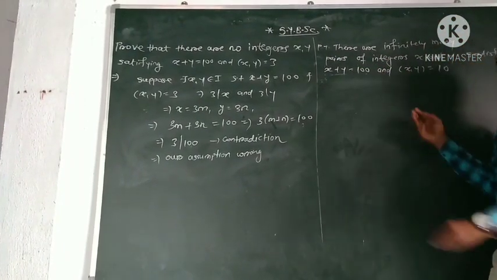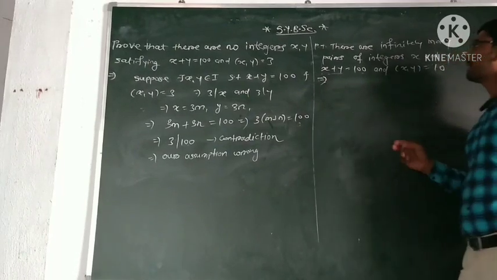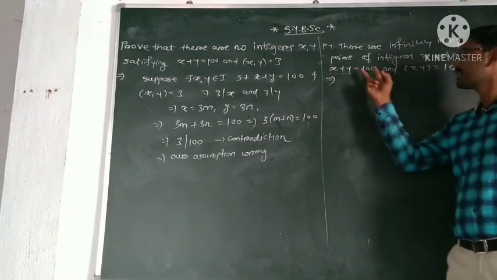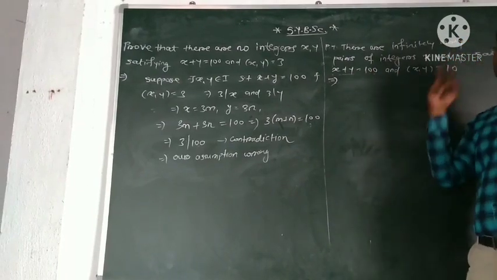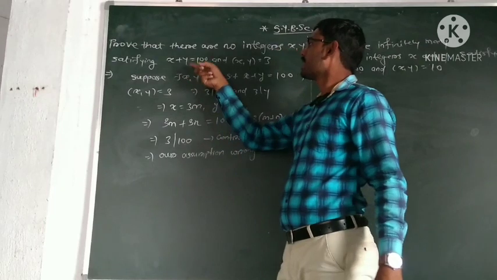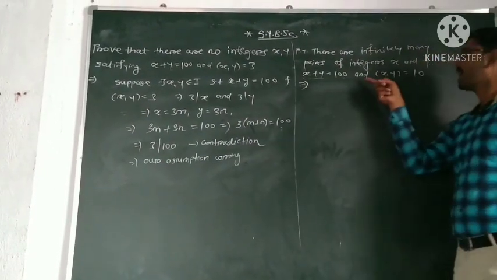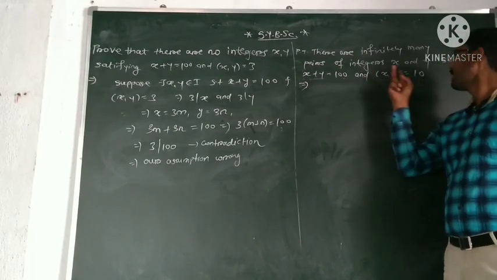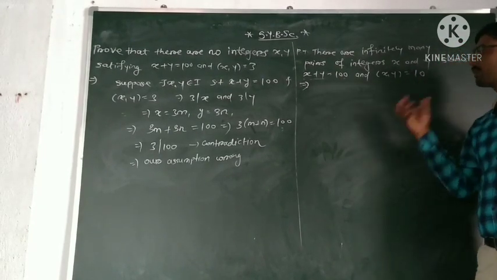Next example, we have to prove that there exist infinitely many pairs of integers x and y such that their sum is 100 and GCD is 10. Here we cannot find a single pair in the previous case, but here we can find infinitely many pairs of integers x and y whose sum is 100 and GCD is 10. We will prove this.